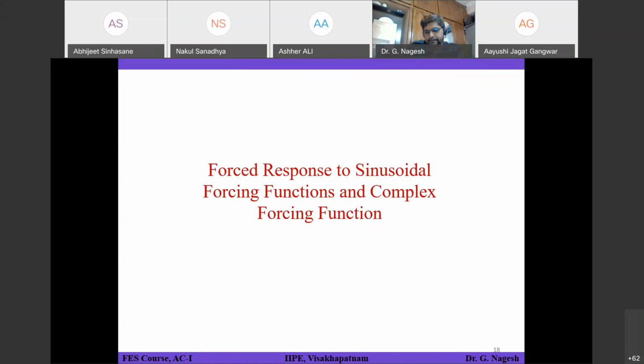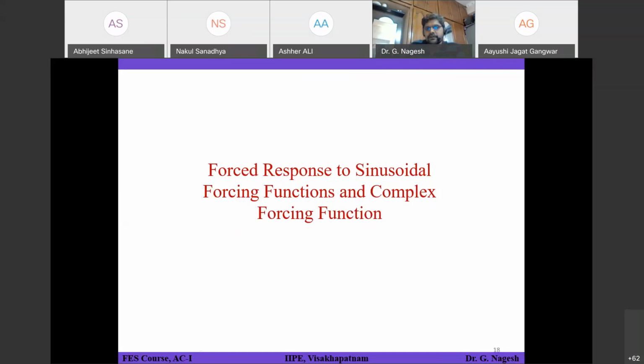Next, we will see, we have only 10 minutes, so I will just give you some introduction and then maybe we'll leave. We'll see what is forced response to a sinusoidal forcing function and a complex forcing function. What does forced response mean?